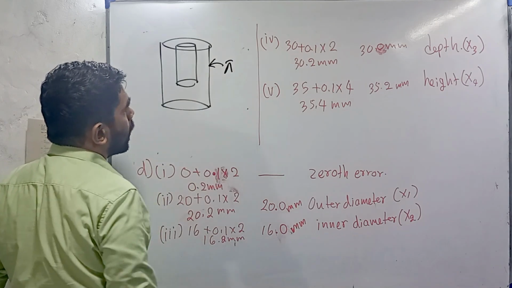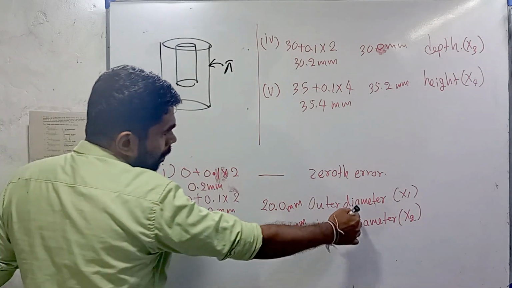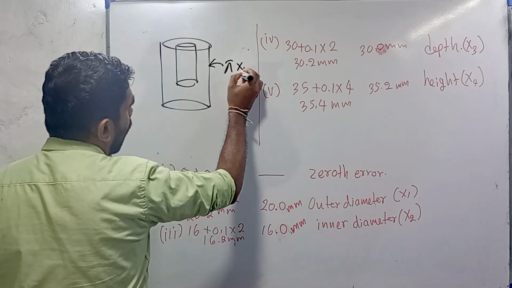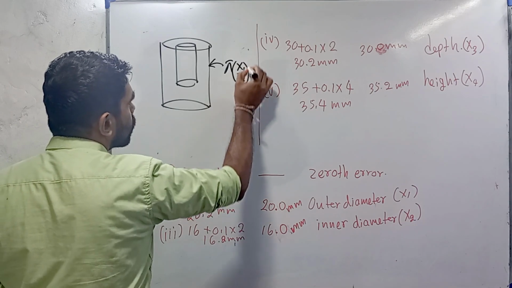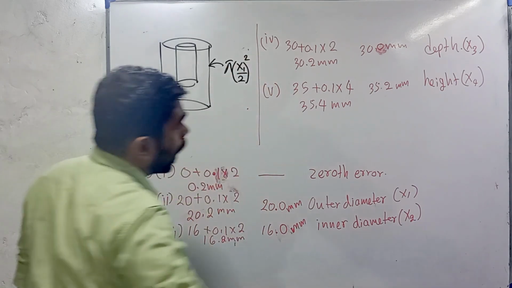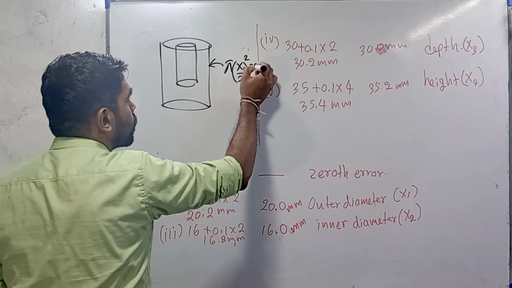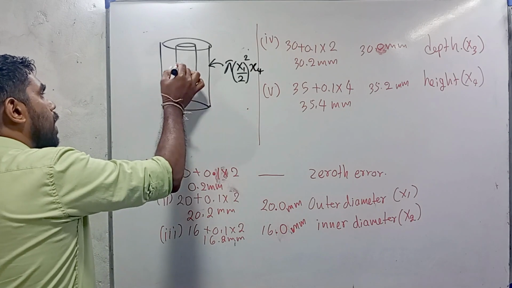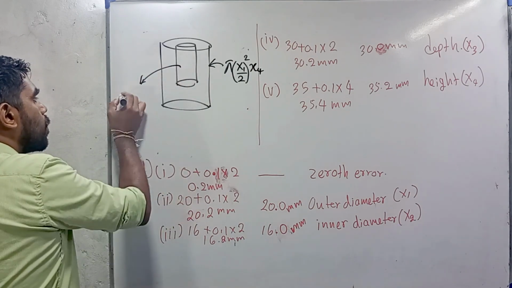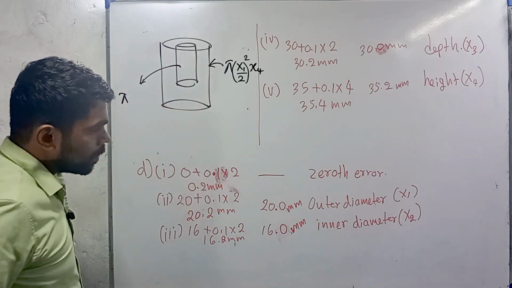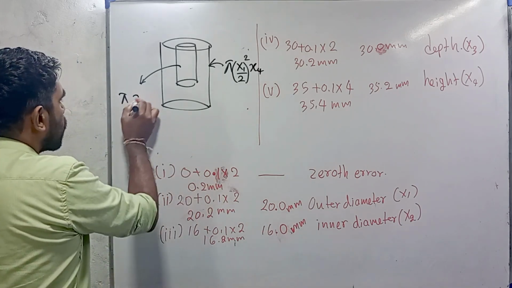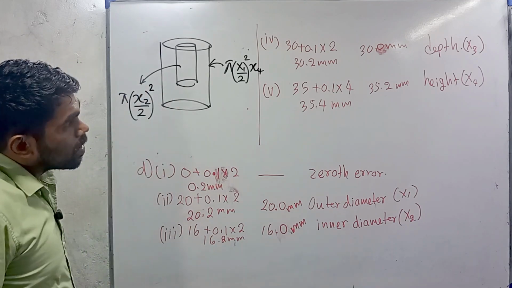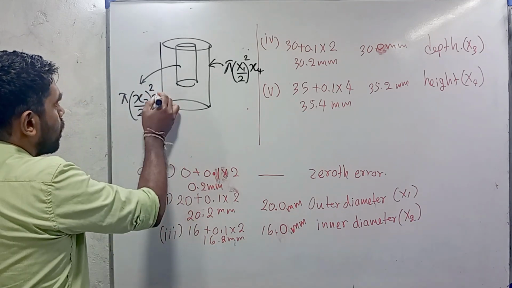Phi, when getting radius, we know that outer diameter is x1. Then large radius x1 over 2 squared, and outer height is x4. Phi r squared h. Then we can write volume of a small cylinder. Phi diameter, inner diameter x2. x2 divided by 2 is inner radius squared, and depth is x3.